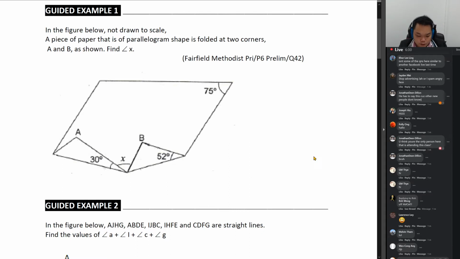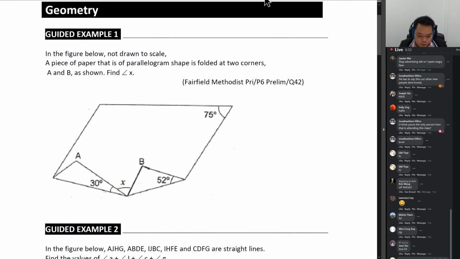Now for geometry, there are a few best practices. The first thing you want to do is to mark out parallel lines. The most important thing is to use a pencil to do this in PSLE. Mark out the parallel lines and equal lengths.